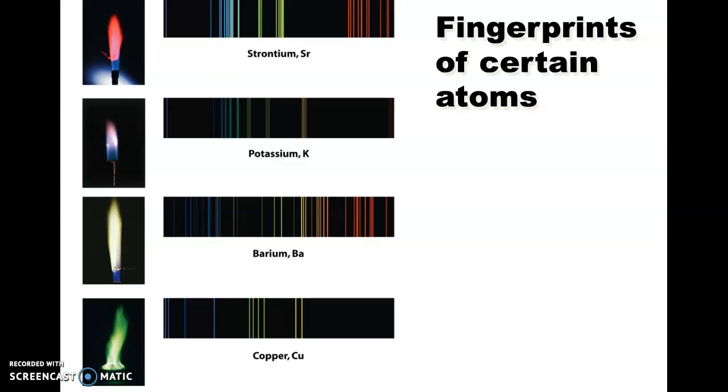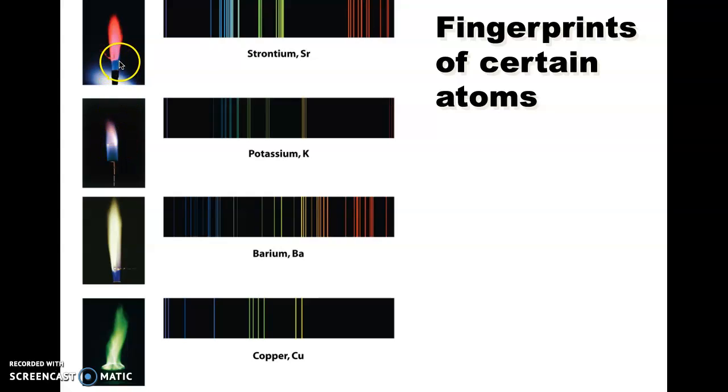And so we can look at certain fingerprints of certain atoms. You look here, you've got copper, which is always sort of this green hue to it, kind of yellow-green bands. Barium is more of a yellow, almost white. Potassium, which we've done in class before, is very bright and almost pure white.